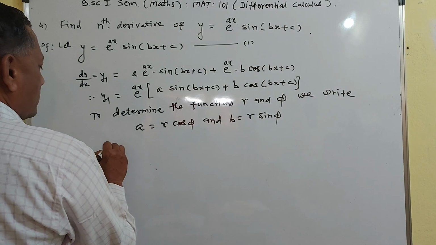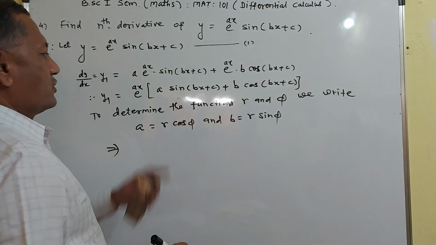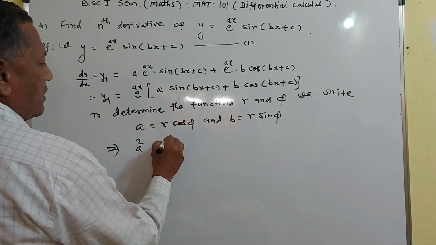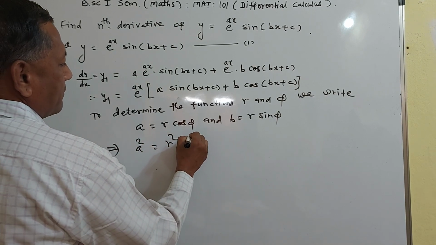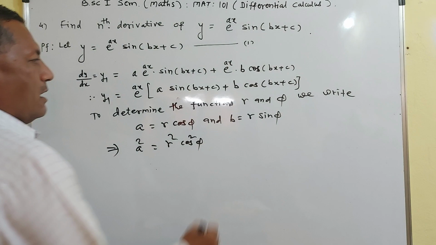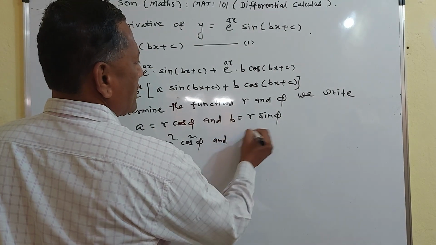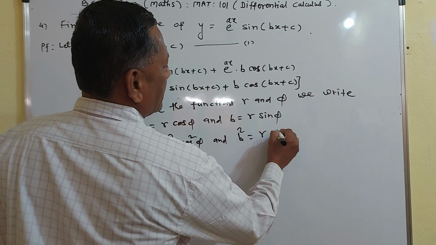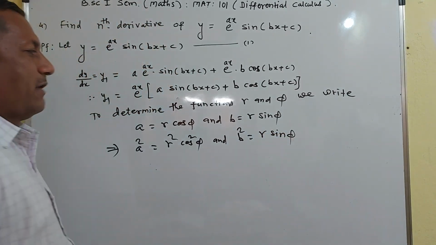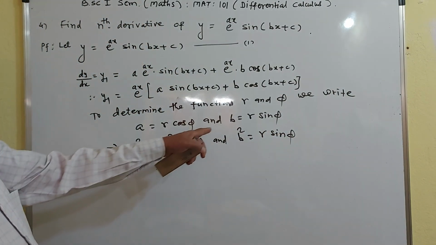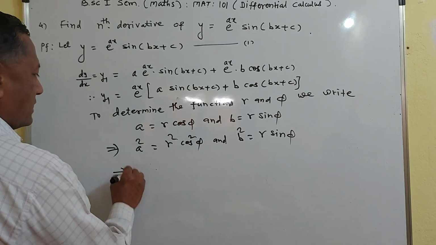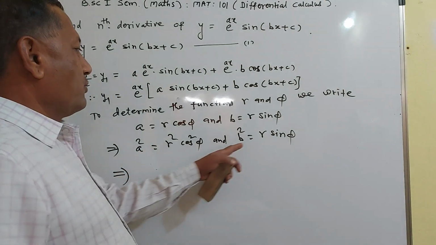Now from this you take the square on both sides. What do we get? A square is equal to r square cos square phi, and from this b square is equal to r square sin square phi. Therefore, you add left to left and right to right.